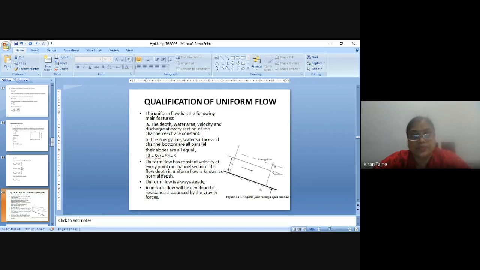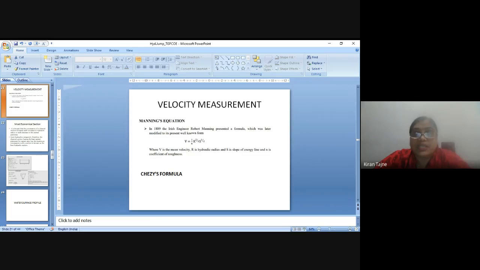These characteristics should be in the water flow, which is known as uniform flow. Then the velocity of flow is measured by Manning's equation.